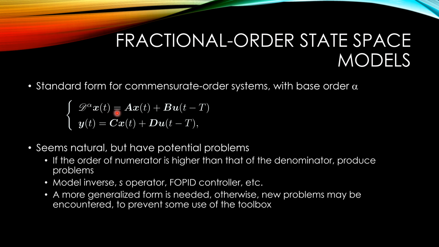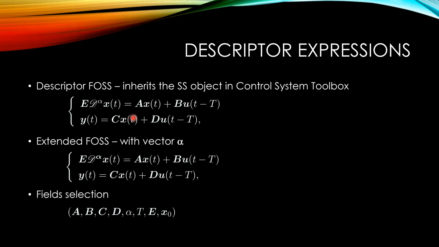Okay, this type of A, B, and this is delay, this is delay. So your alpha's order. Okay, alpha's order. So we can enter this. And sometimes you can also do a descriptor, a fractional order state space expression. So they put an E in here, and alpha actually can be a vector, meaning for different X components, X1, X2, you have the corresponding alpha 1, alpha 2.